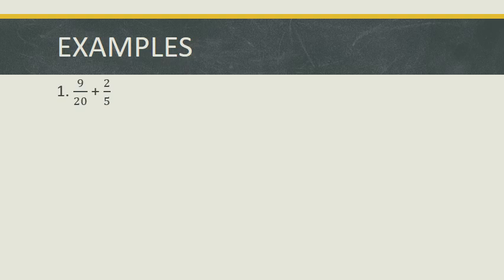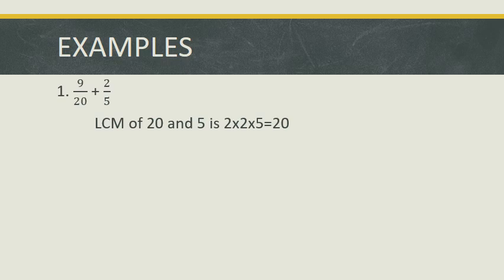The first fraction is having the denominator 20 and the second fraction is having the denominator 5. So children, first we are going to change these two unlike fractions into like fractions. For that, we have to find out the LCM of the two denominators, which is 20 and 5.